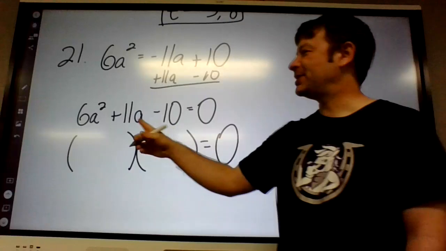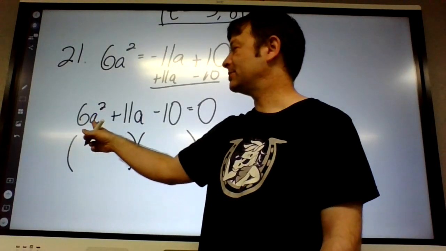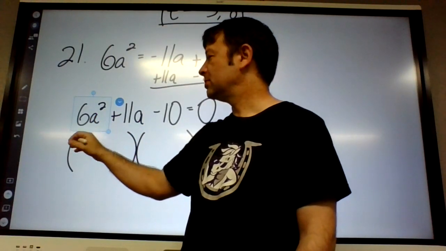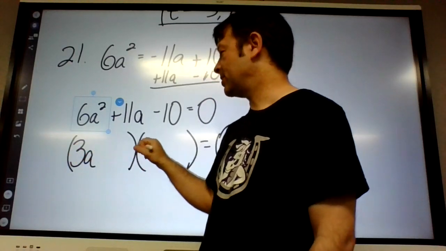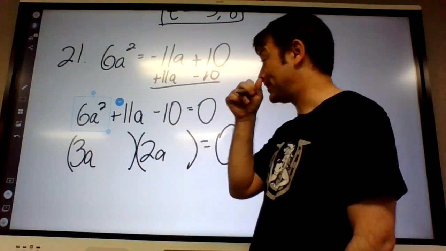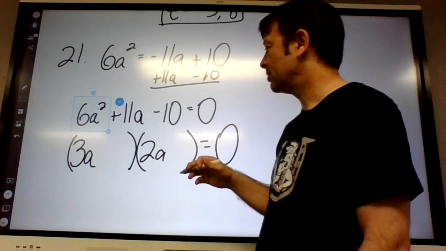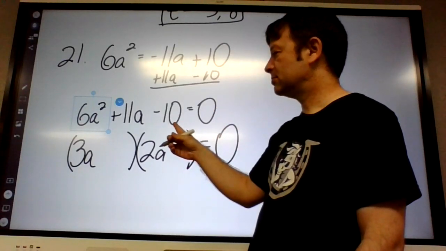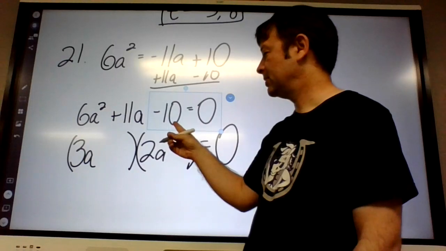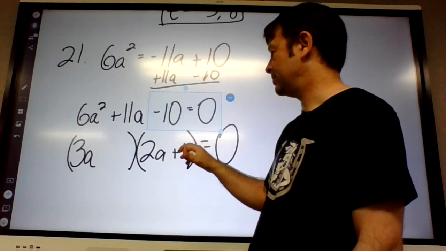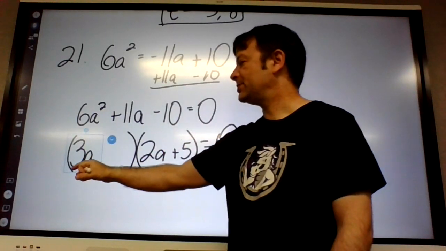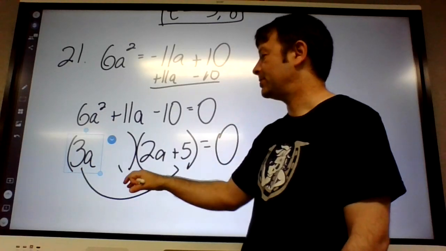Okay, what goes into 6a squared? It's been a while since we've done one of these. 3a. Okay, it's gonna be 3a and 2. It could have been 6a and 1a, but it's not. And what goes into negative 10? Negative 5 and positive 2, right? It's more complicated when there's numbers on the front because you have to FOIL it and make sure it equals this middle term.